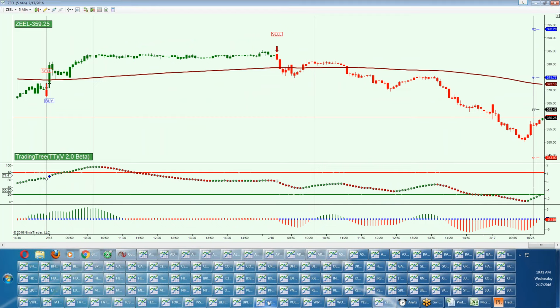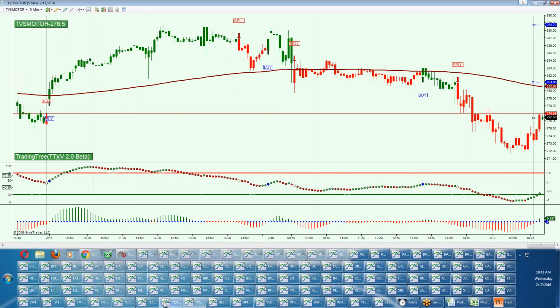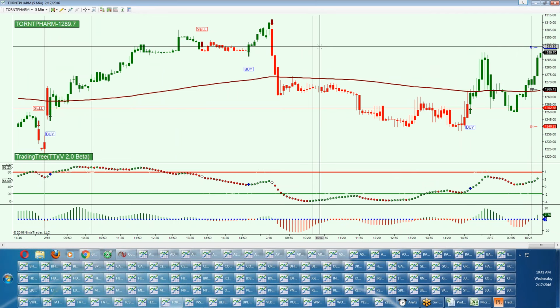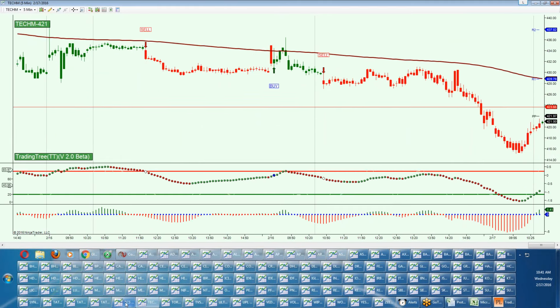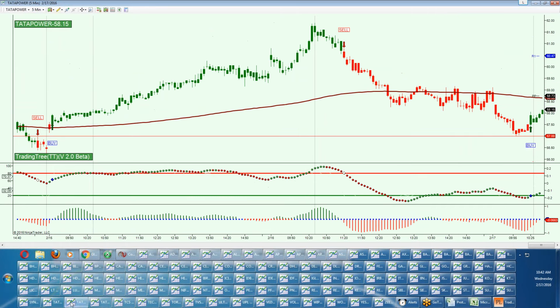Z will get a buy. Torrent, you can enter right above R1. Tata Power, we have the buy here, 58.